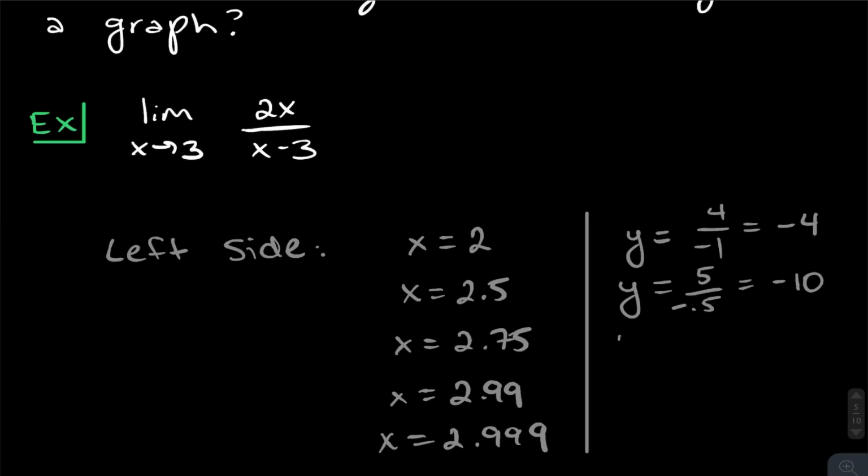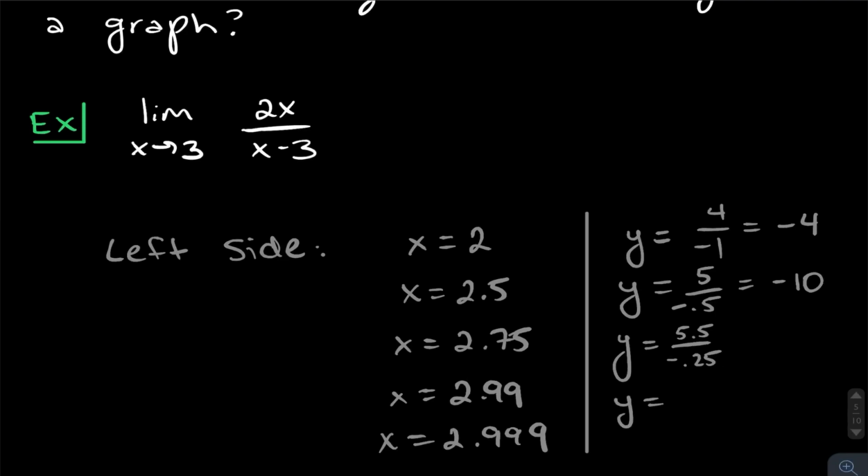If we plug in 2.75, we'd get y equals 2 times 2.75. I'm not sure what that is off the top of my head, but actually I think it's 5.5. And then this is going to be negative 0.25, right? And so if you put this in your calculator or something, you'll see that this denominator is getting much smaller, right?